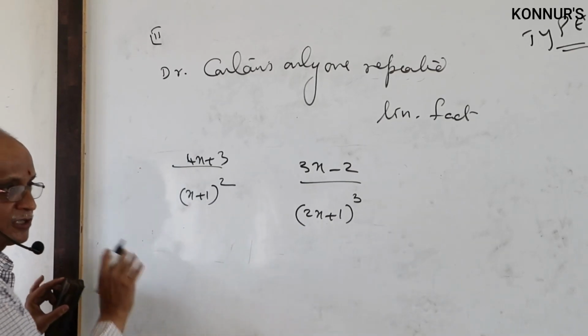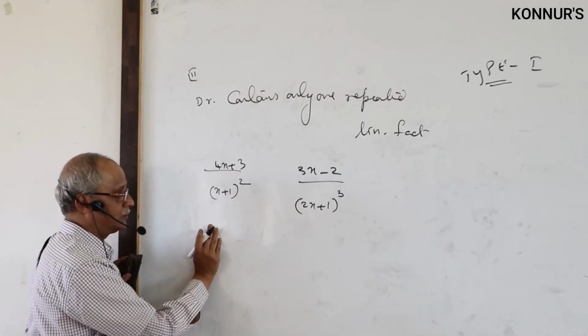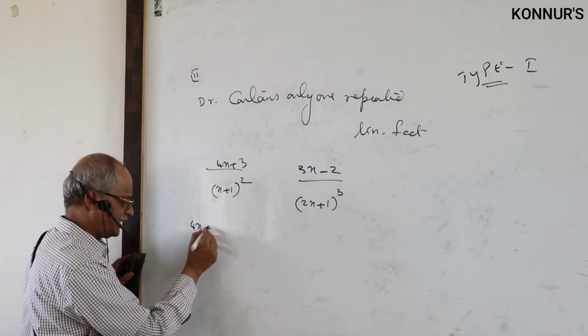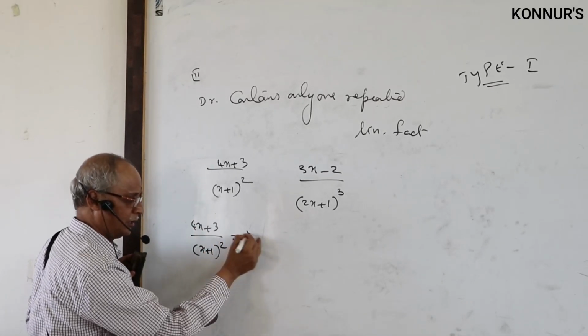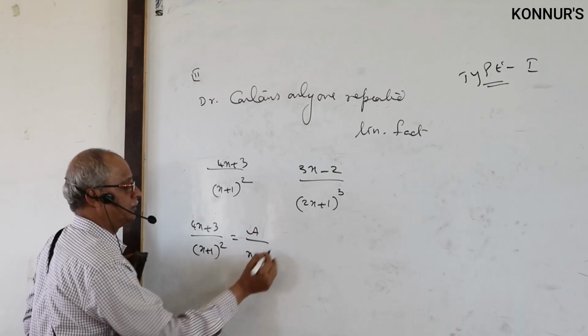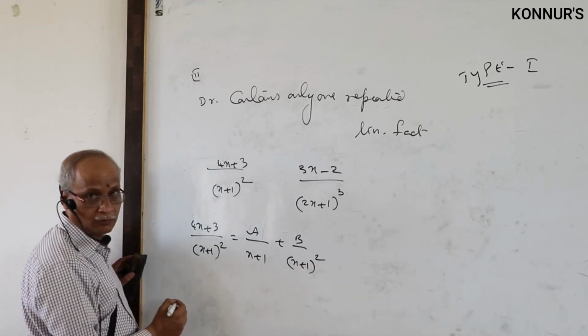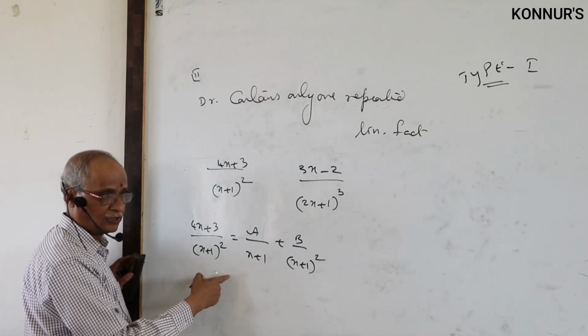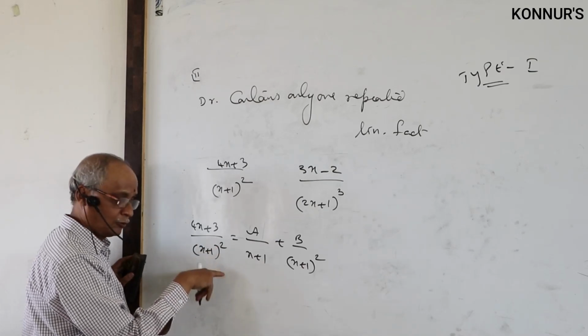Leave the first method, means partial fractions theory, leave it. Why? Because for whole square, how many constants do you have to select? If I consider original theory, a by x plus 1, b by x plus 1 whole square. As per theory I am showing, by any chance in the exam, if you forget the formula and idea, the original method you have to do at the end.